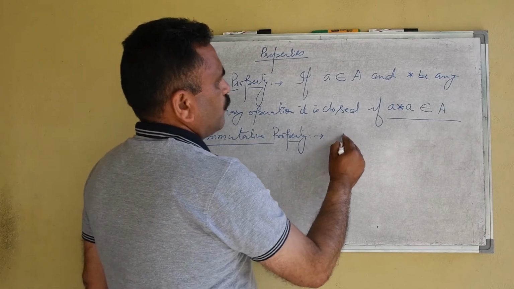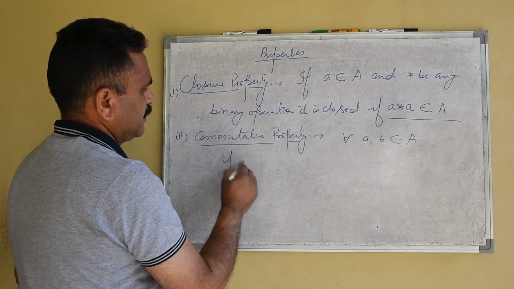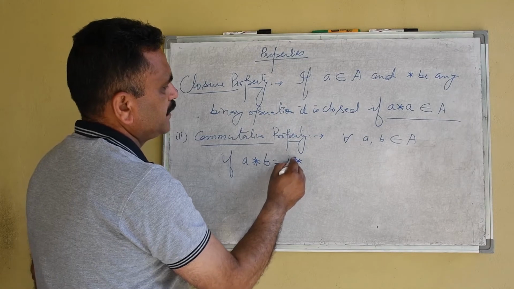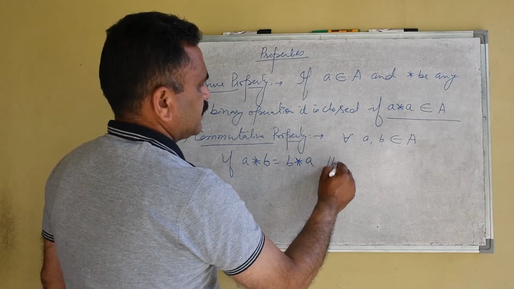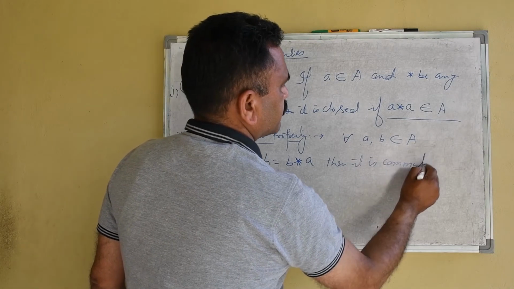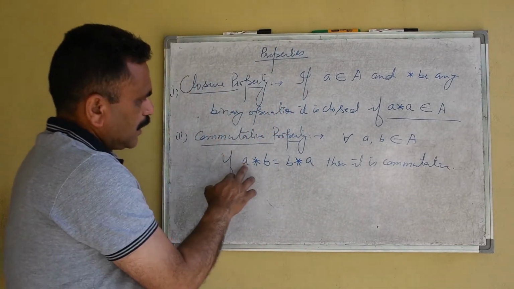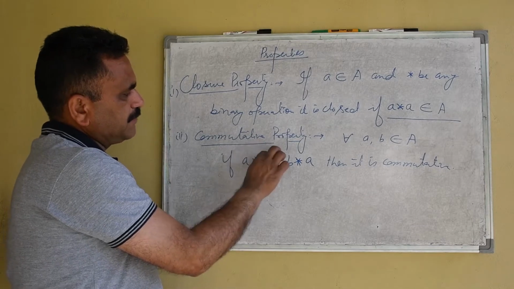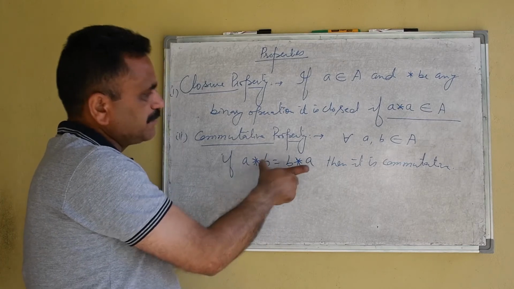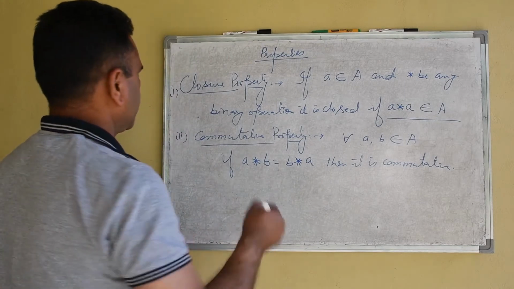So, for all A, B belongs to A, if A star B is equal to B star A, then it is commutative. That means whether we do the binary operation of the first element with the second or the second element with the first, the resultant remains the same. Then this operation is known as a commutative operation.